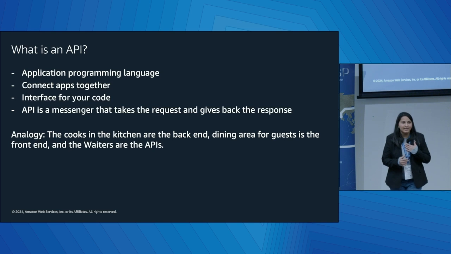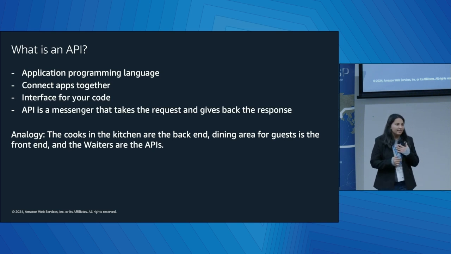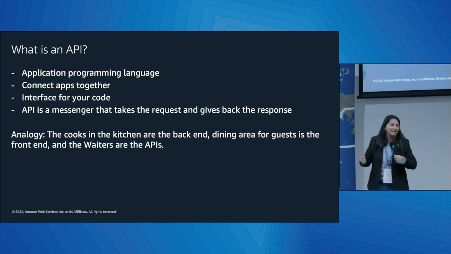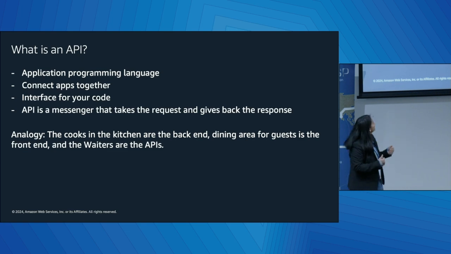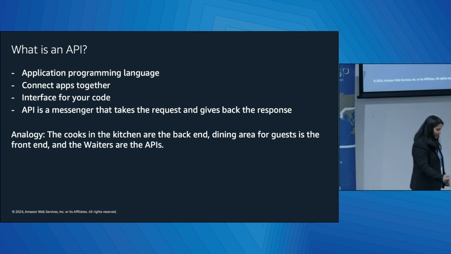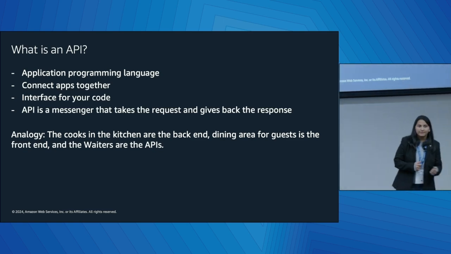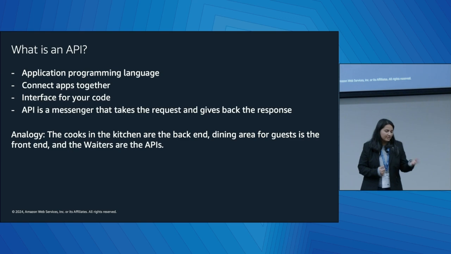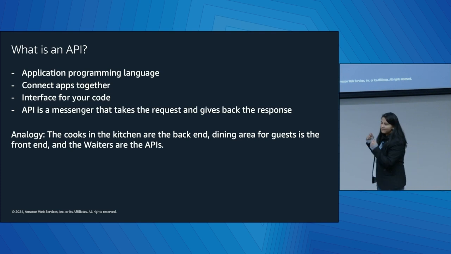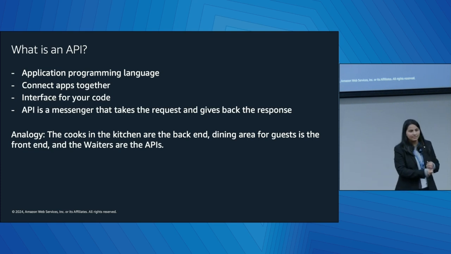That is my definition. Without API, connecting the world together, or applications together, or your phone together would be so hard. You can think of API as a waiter, a server. You go to a restaurant, you place an order, the waiter takes the order, gives it to the chef, the chef cooks it, gives it to the waiter, and the waiter sends it back to the customer.